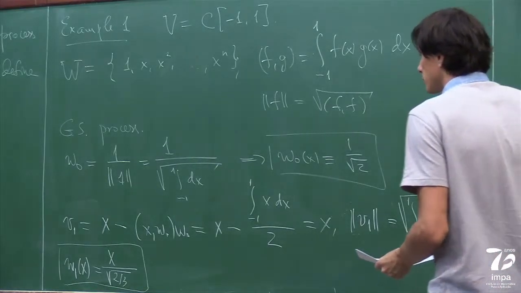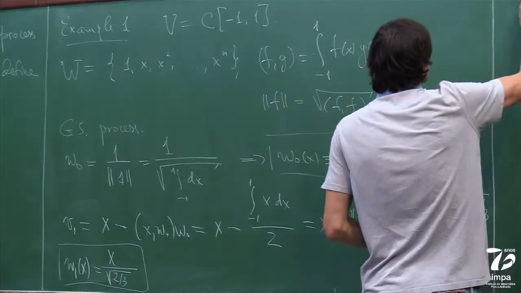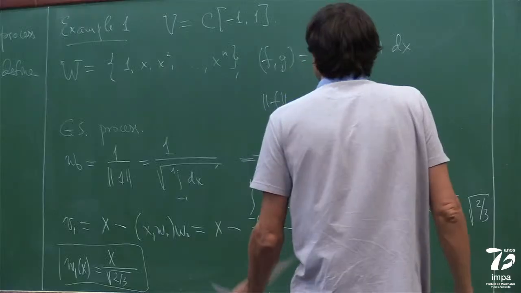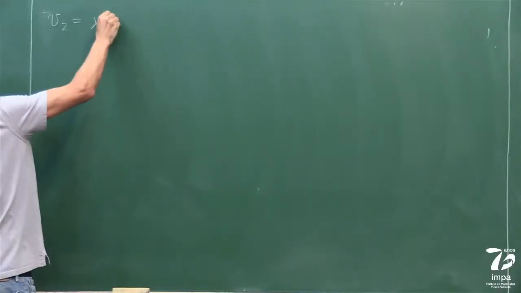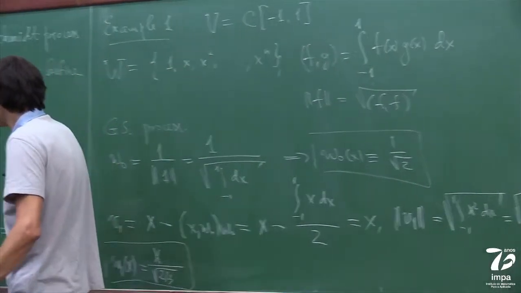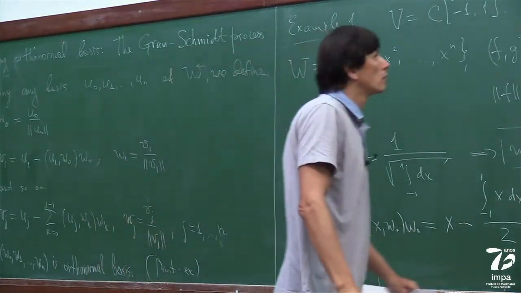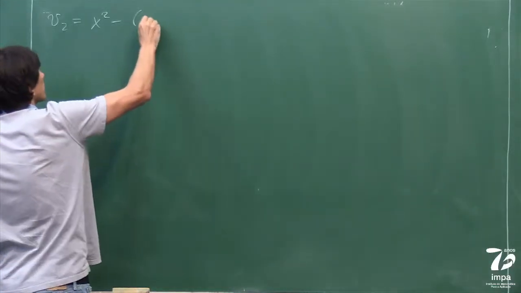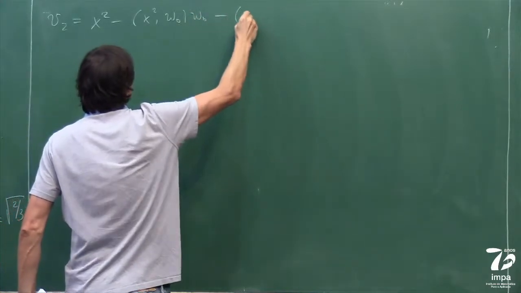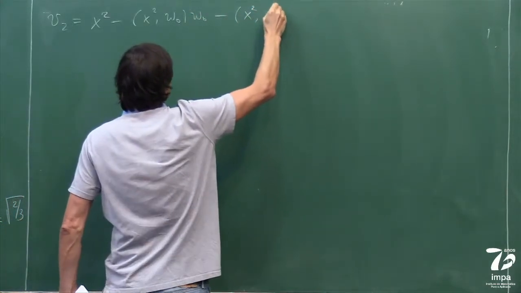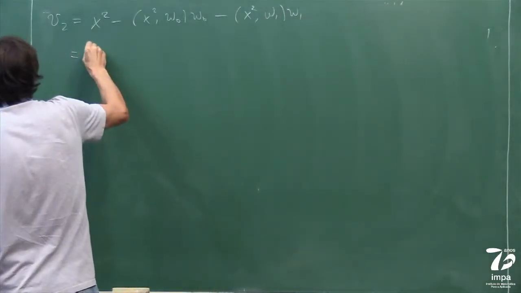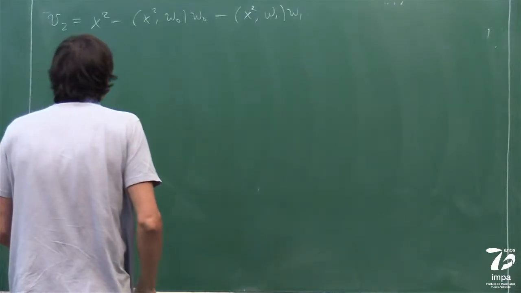Let's just do the next one more. So V2 is x squared minus, with this formula, you should take (x squared, W0) W0 minus (x squared, W1) W1.